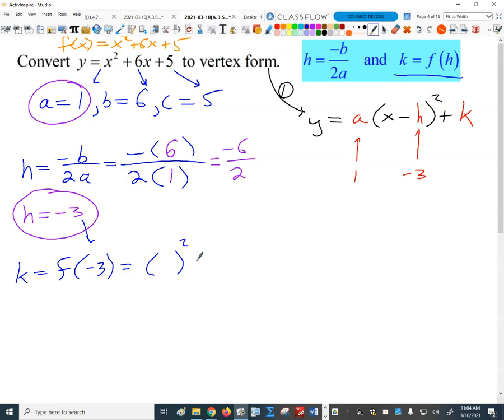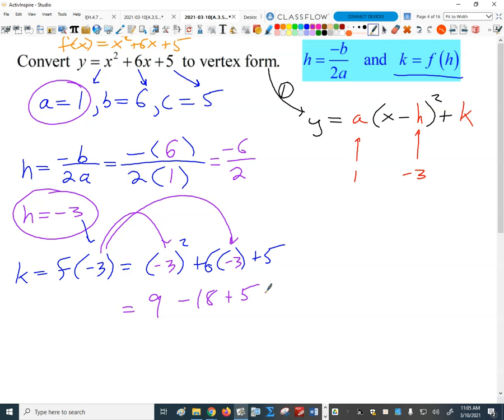So x is being squared, I'm multiplying the x times 6, and I'm adding 5. And the value I'm plugging in for x is negative 3. So what do we get? Negative 3 squared is 9. 6 times negative 3 gives us a minus 18 plus 5. And if I add all that stuff up, I'm going to get negative 9 plus 5, which is negative 4. So k equals negative 4.